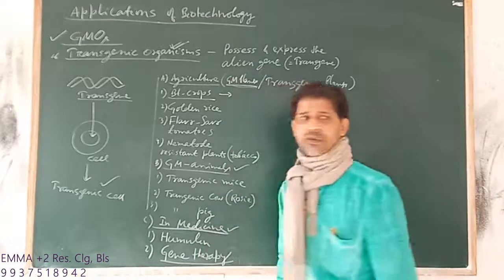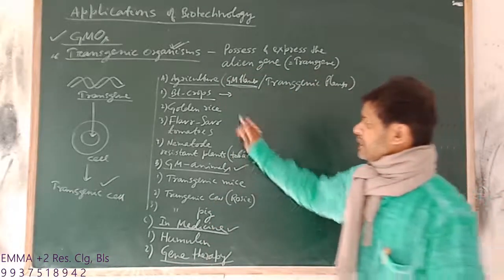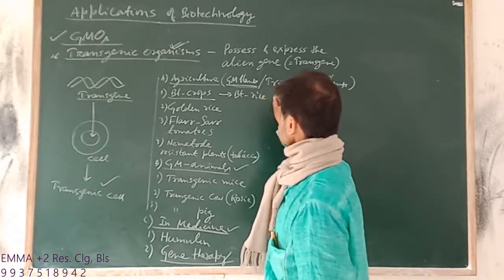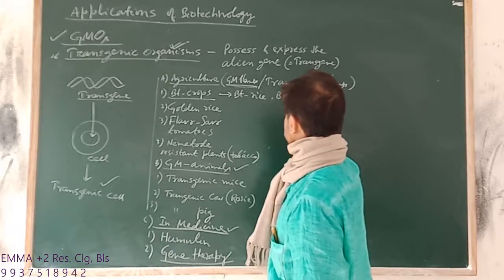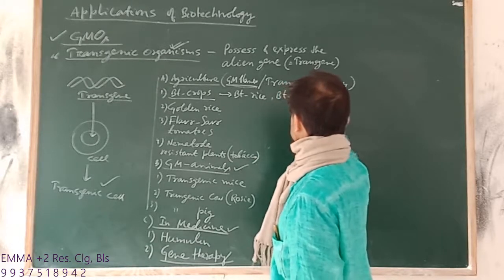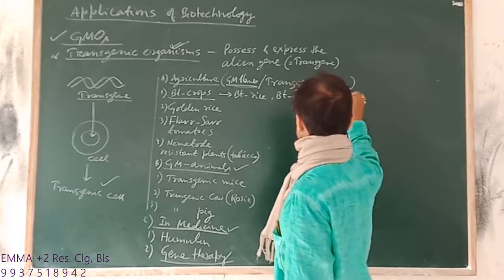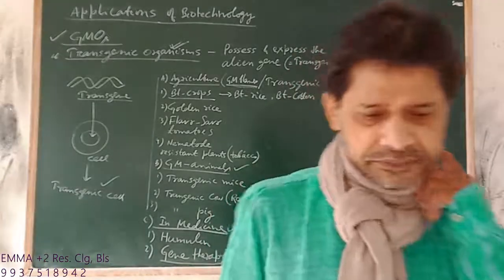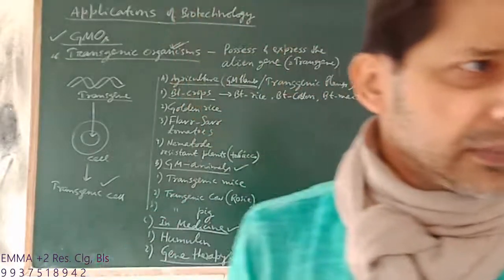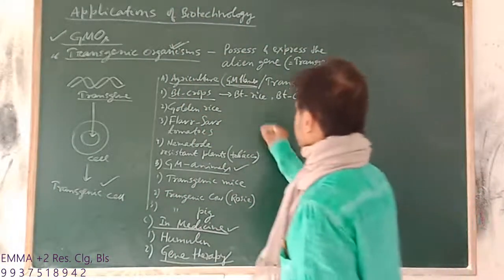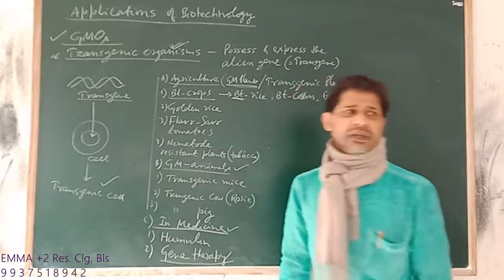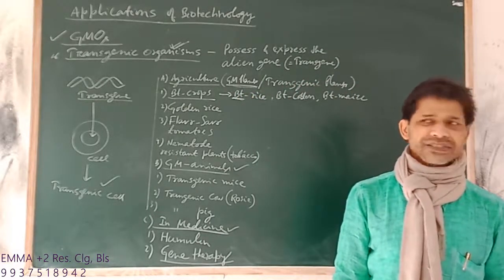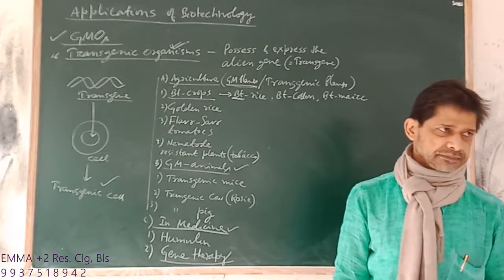What are BT crops? BT crops can be BT rice, BT cotton, BT maize, BT brinjal, BT tomato like this. So BT stands for a soil bacterium, Bacillus thuringiensis.